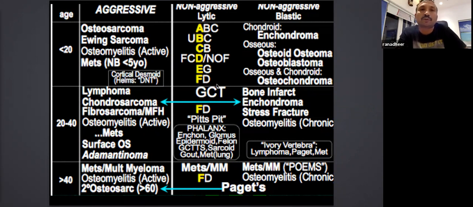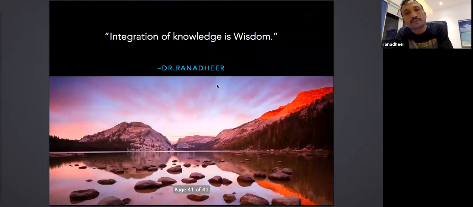I just said let's go for a bone scan and PTH, and we found out it is hyperparathyroidism. So all that is lytic is not metastatic. All that is blastic is not benign. All the hot spots are not metastatic. All the cold spots are not benign. So you should know the depth of radiology, at least oncoradiology, so that you will do the best for the patients.